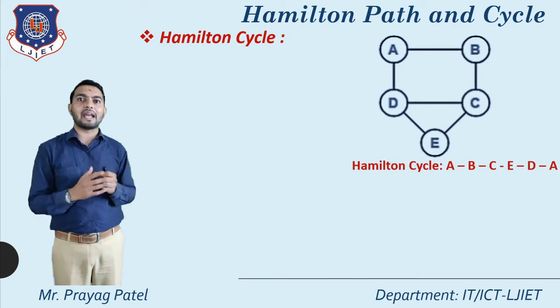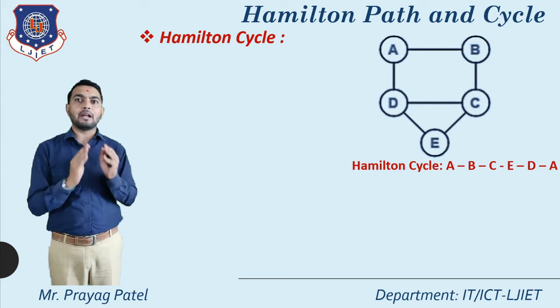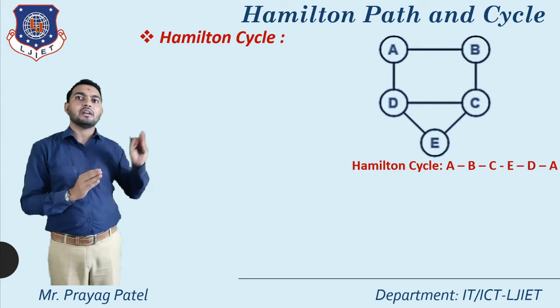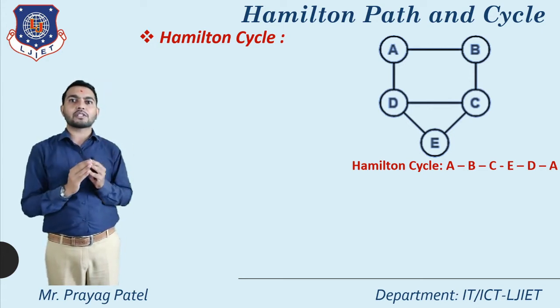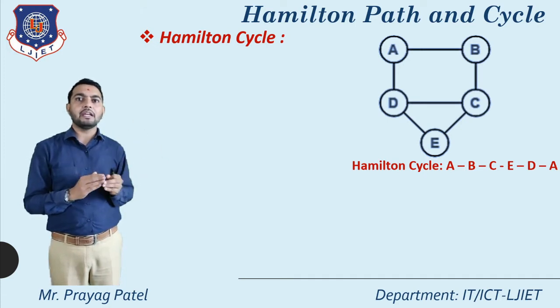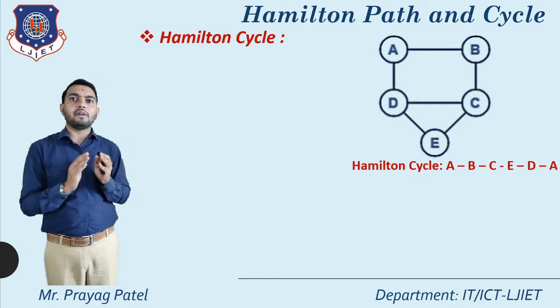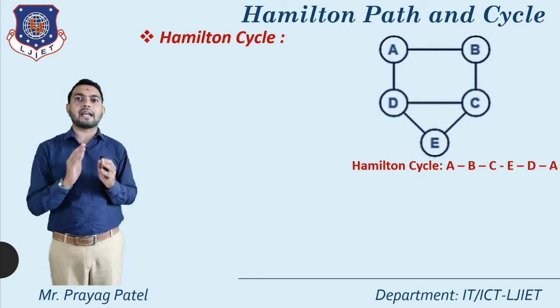Now consider another example for the Hamilton cycle. In this graph a Hamilton cycle is possible, yes. Consider one cycle: first visit node A, then B, then C, then E, then D, and then A. In this way we visit every node.